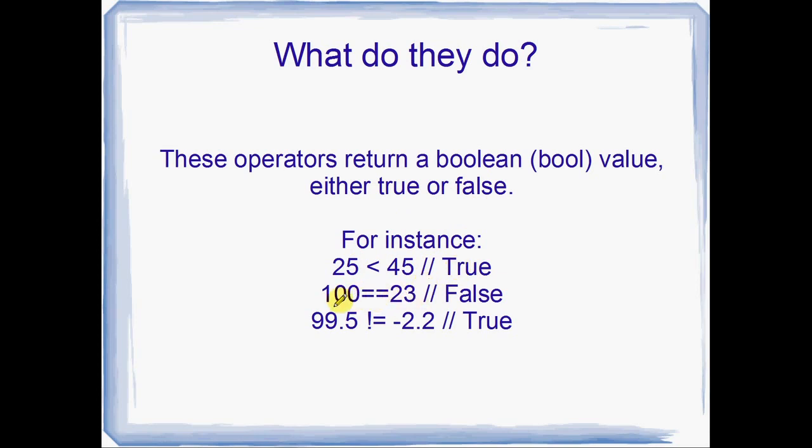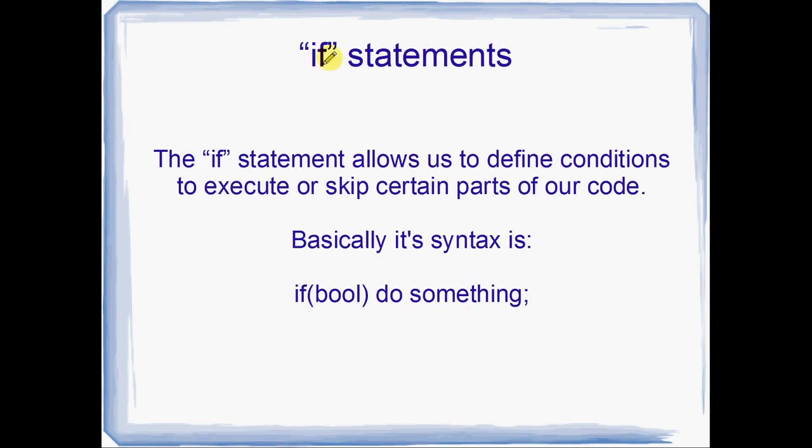In other words, that's asking, does the value 100 equal the value 23? It obviously doesn't, so that's going to return false. Or another example here, we've got 99.5 does not equal negative 2.2. Obviously 99.5 is not negative 2.2, they're two different values, so that's going to return true. Okay, stupid examples, but anyway.